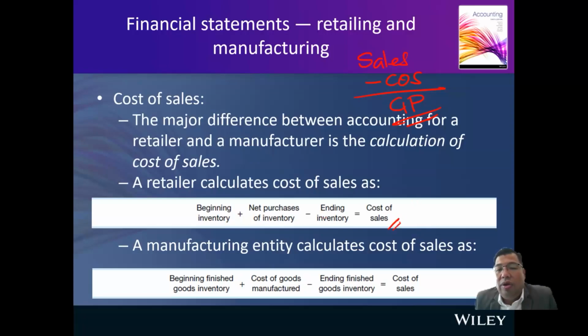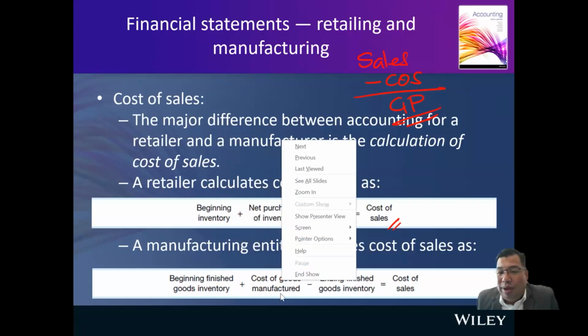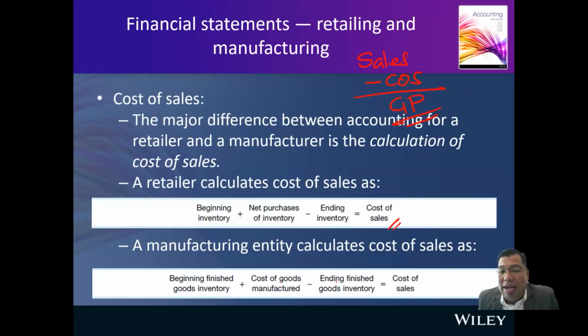But under manufacturing, it's different. It's going to be beginning inventory, opening stock of finished goods, plus cost of goods manufactured, minus ending finished goods. This will be your cost of sales. Instead of purchases, you have COGM, cost of goods manufactured.